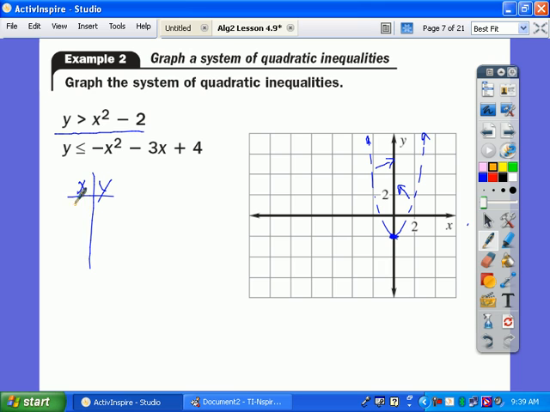So if I pick an X value of 2, that gives us 4 here, but it's negative 4. Negative 10 plus 4 is negative 6. So 2, negative 6.